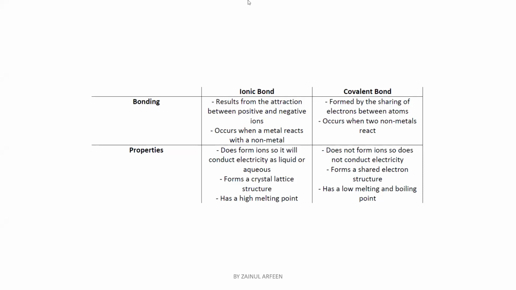So basically what happens, when you have a metal and you have a non-metal, the electron jumps from metal to non-metal. So when this electron jumps from metal to non-metal, the metal will get a positive charge and the non-metal will get a negative charge, and the attraction between the positive and negative ions, this bond we call as ionic.